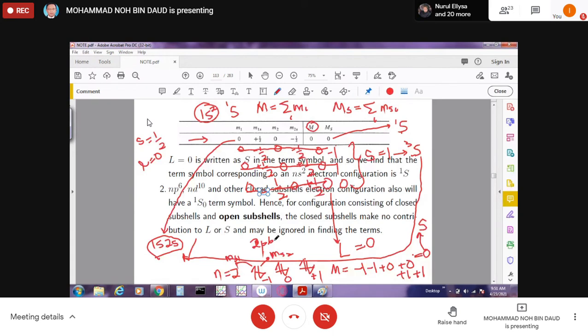For the spin here is positive half, negative half, positive half, negative half, positive half, negative half. Okay, this will give 0. So you have here only singlet state. Singlet S state.